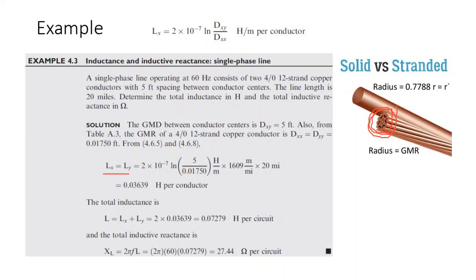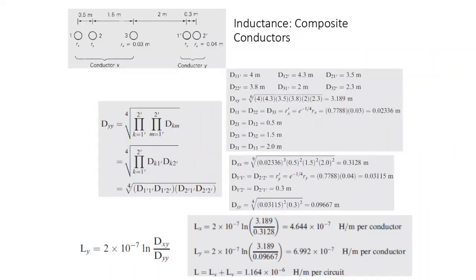You calculate this Lx and Ly, for example. In our case here, Lx equals Ly. Why? Because they have the same. But on the previous one, it's different. Lx is different than Ly. This is Lx. That's what you need to calculate.